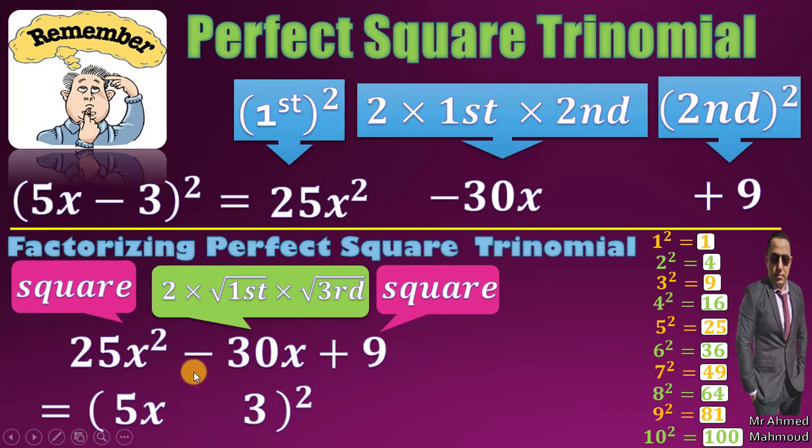Finally, for the sign, I'm going to drop down the middle sign like this. So to factorize the perfect square, you open a bracket to the power of 2, take the square root of the first, the square root of the third, and drop down the middle sign. This is a very, very easy way to factorize. Let's solve the next questions.